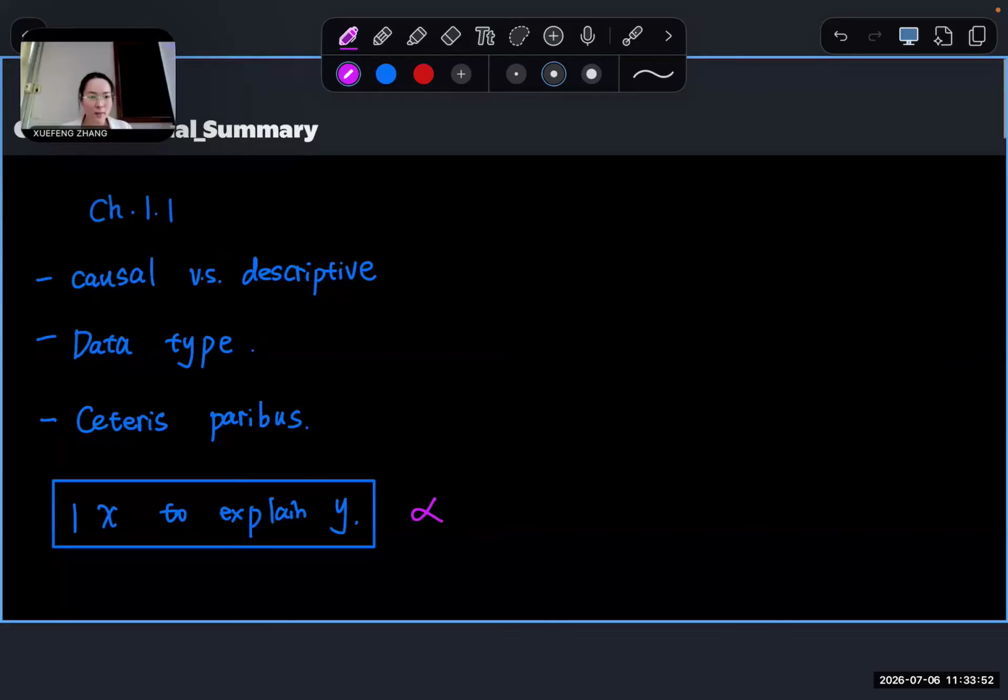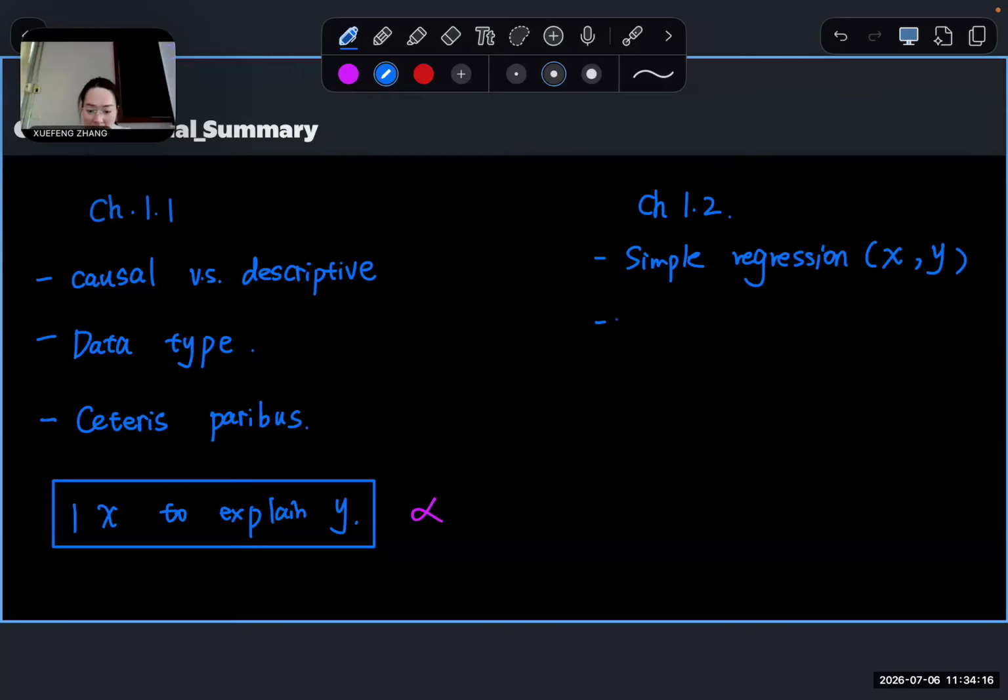So this is about chapter 1. How about chapter 1.2? So we start with simple regression. One X, one Y. And then we need the assumptions, okay, for OLS.